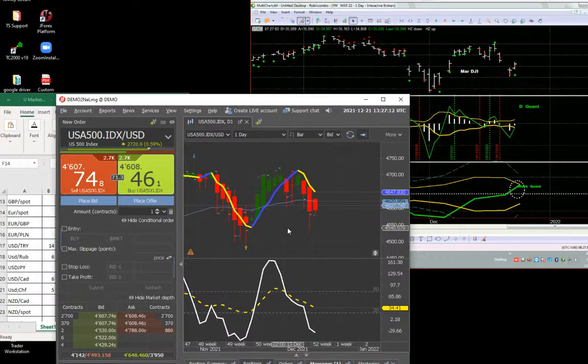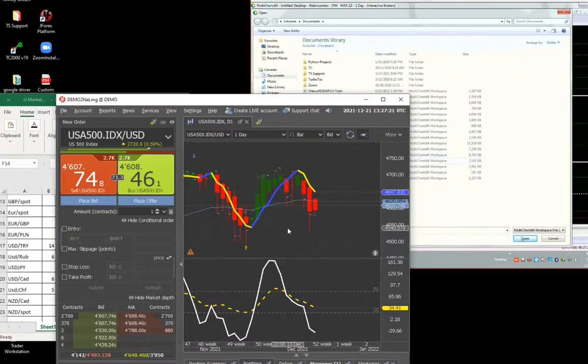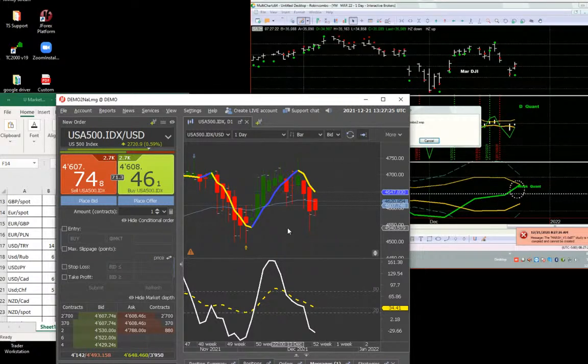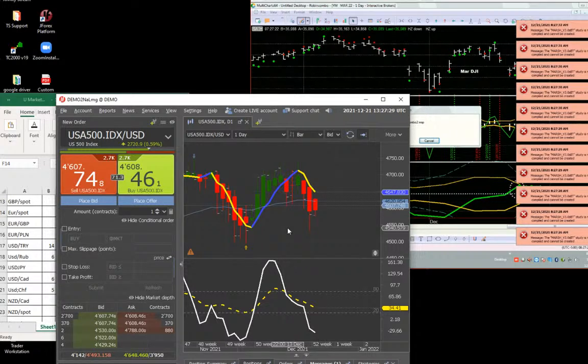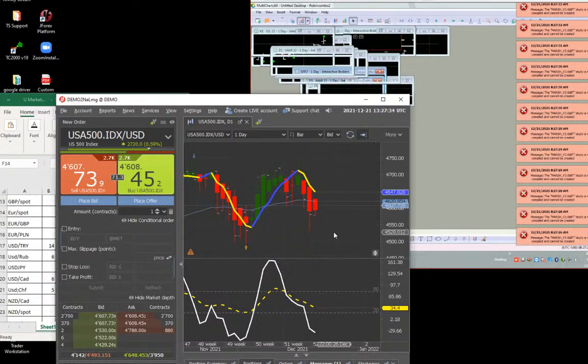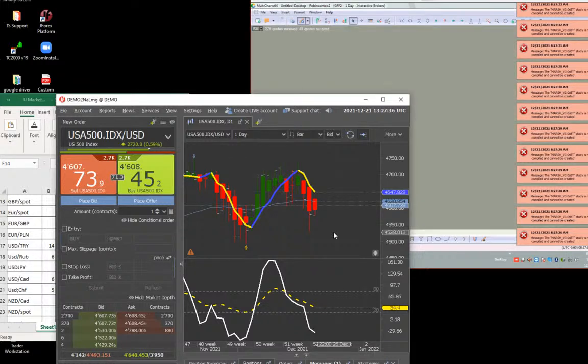Oh, beans and corn. Okay, let's do that, because we're going to be getting out of here soon. Let's do this. Open that. There's beans and corn.